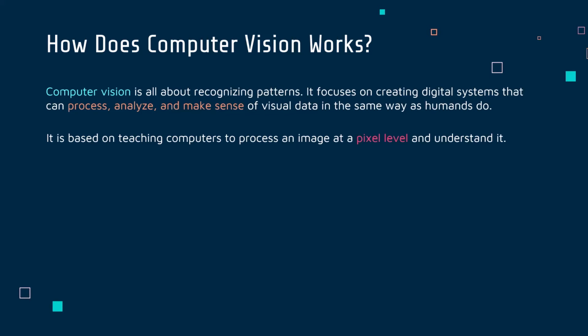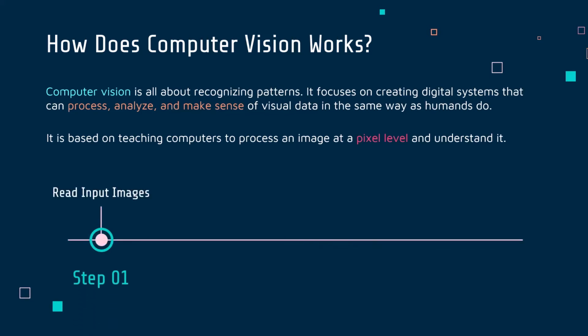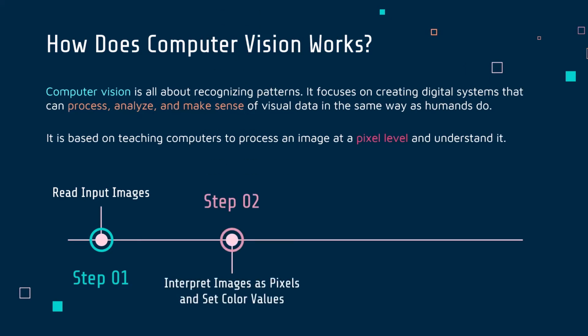So here I'll describe the general steps of how computer vision works. The first step is millions of images are sent to the computer. Then the computer will interpret these images as pixels, each with their own set of color values.